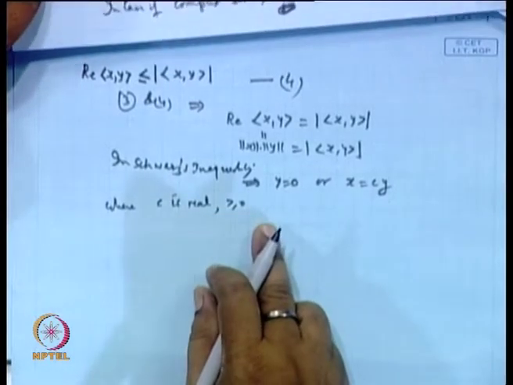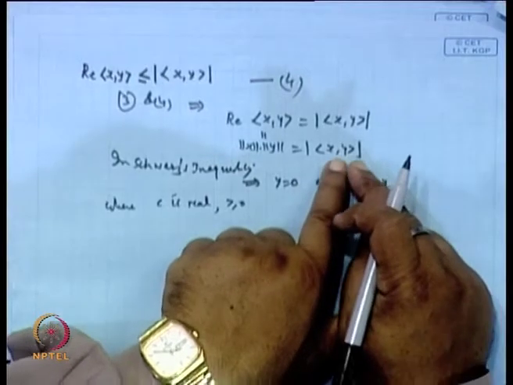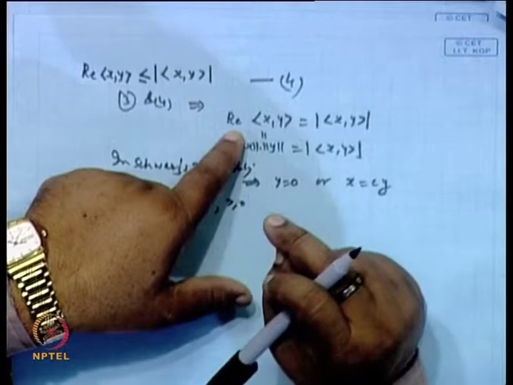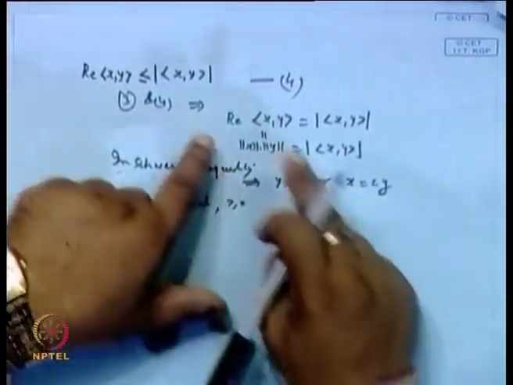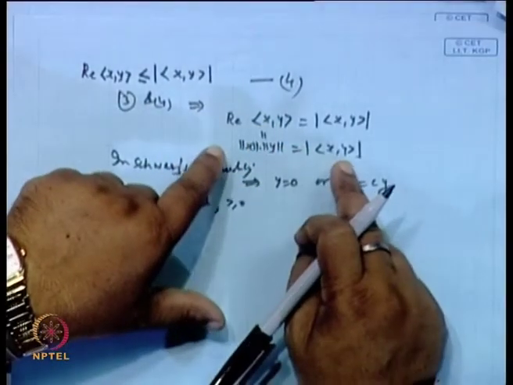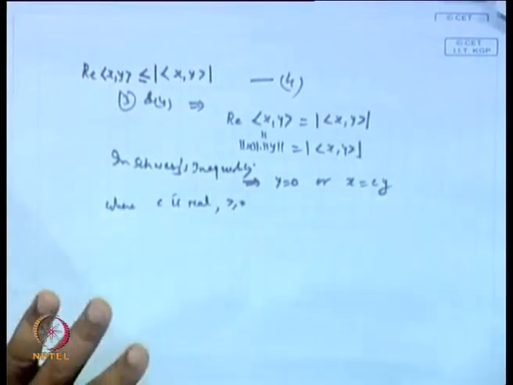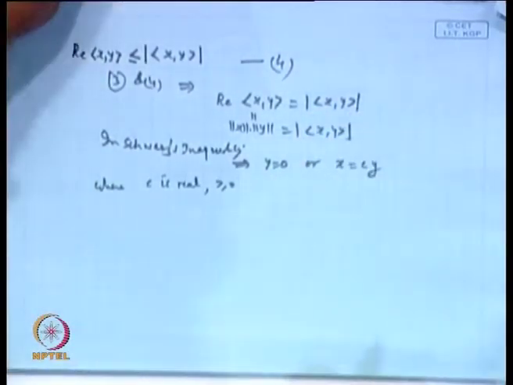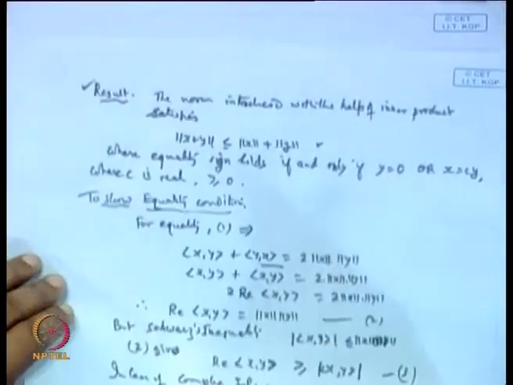Even c can be proved to be real and greater than 0, because once you are saying the modulus of this inner product is the real part of this, it means this will be greater than or equal to a non-negative quantity, the modulus. So, it is greater than or equal to 0. So, once it is greater than or equal to 0, replace y by x equal to c y. So, we can take c outside and we get c to be greater than or equal to 0. Clear? So, this establishes the triangular inequality, this result.